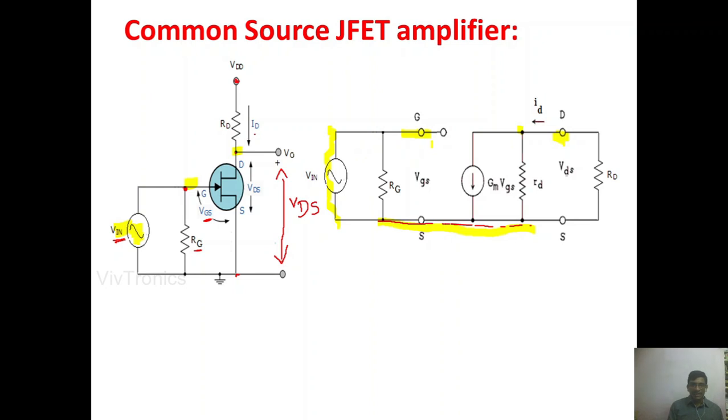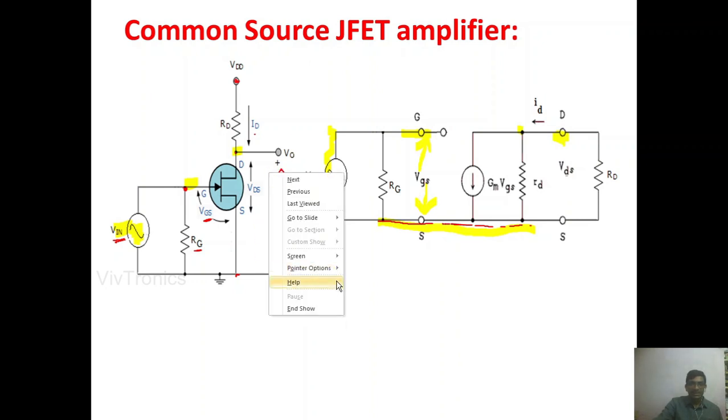At the input side we don't have any component in the equivalent circuit of the JFET, so we just mention it with the VGS voltage, which is connected between the gate and source.